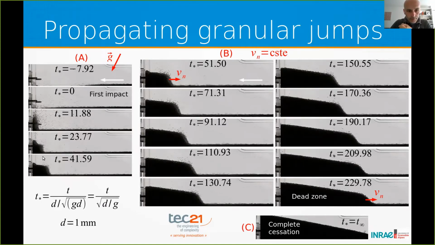So a jump is clearly formed and starts to propagate. And there exists a long phase during which the jump is propagating at a rather constant speed, Vn, as shown in these different pictures. And in the end, when you don't have any more supply of mass in the incoming flow condition, you reach complete cessation of the flow.